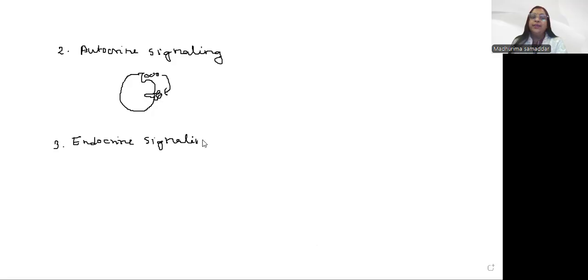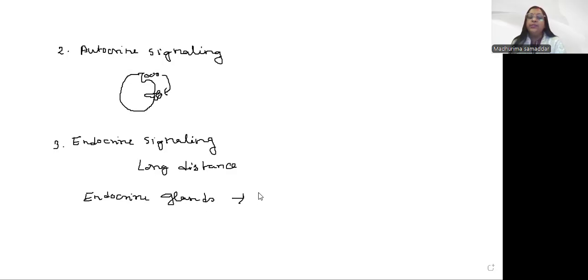Endocrine signaling, here it occurs over a long distance, right? That means the cell from where the message is passing to the site where it will act is at a longer distance. Okay, so an example is endocrine glands, which will secrete hormones that will act at a site remote from its place of origin, like the pituitary gland.